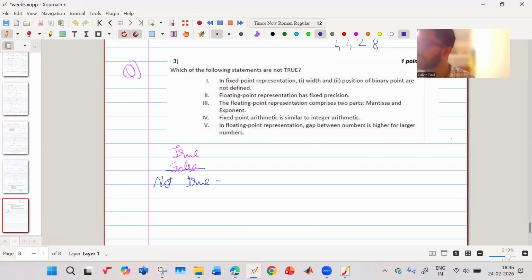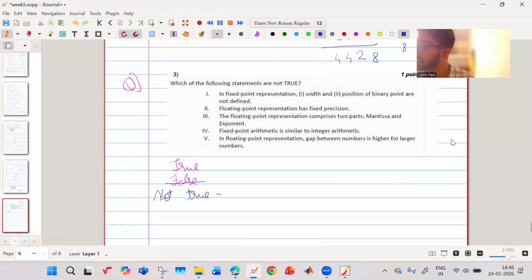So let us say the first statement: in fixed point representation, the position of the binary point is not defined. Is this true or not true? This is not true, right? Next, floating point representation has fixed precision. This is also not true. The floating point representation comprises two parts, mantissa and exponent.